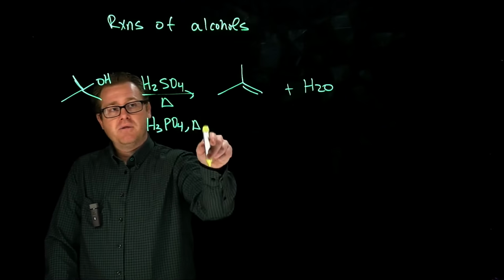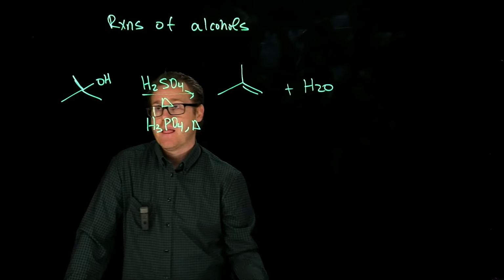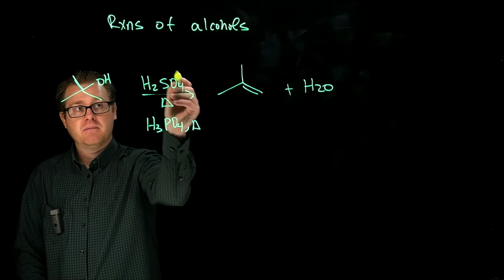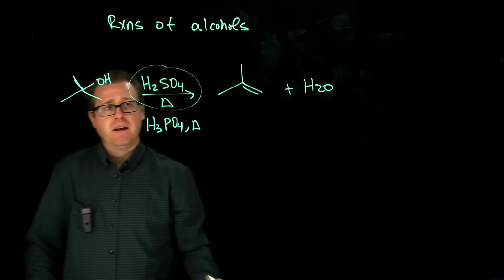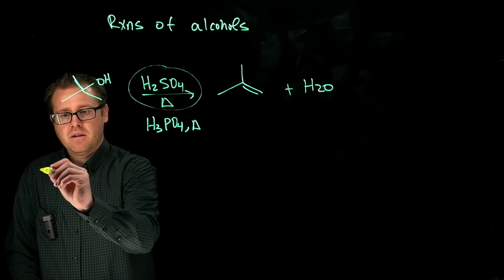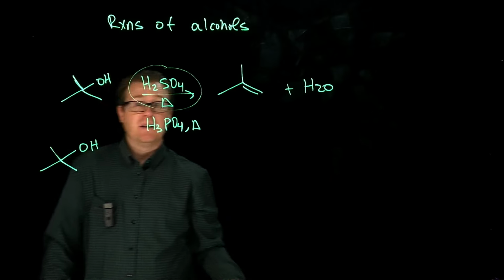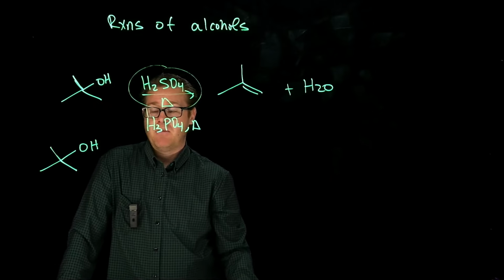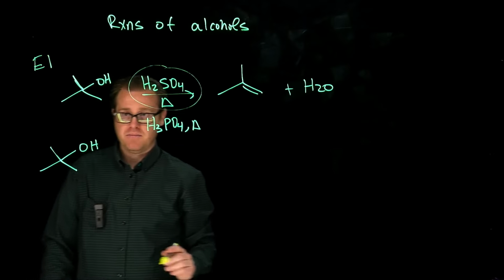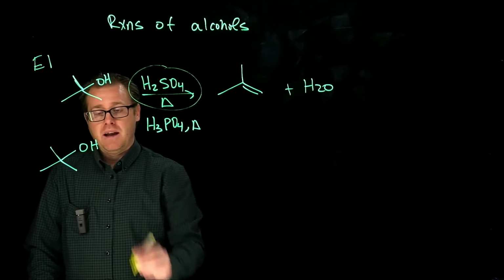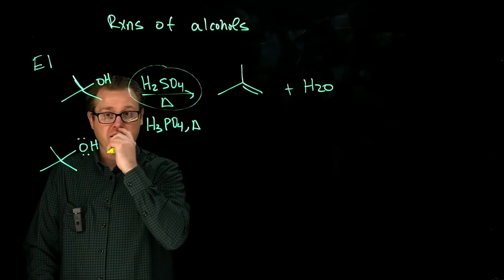But when you use these two acids, there's going to be trace amounts of water in them. When we take a look at the mechanism, and I'm going to focus on sulfuric acid, we want to do an elimination reaction. With a tertiary alcohol, we're going to do an E1 mechanism, and in order to do an E1 mechanism, we need the group to become a good leaving group.